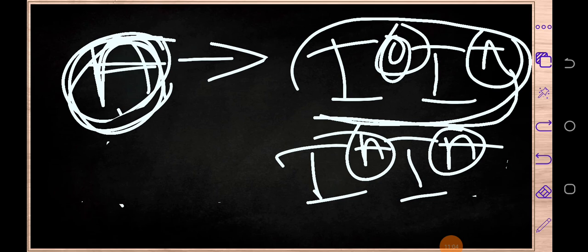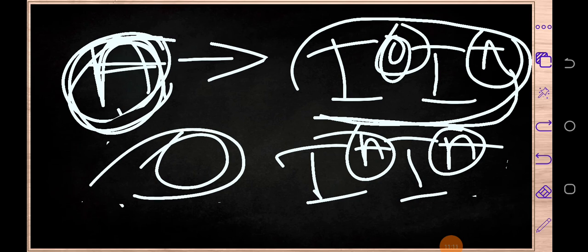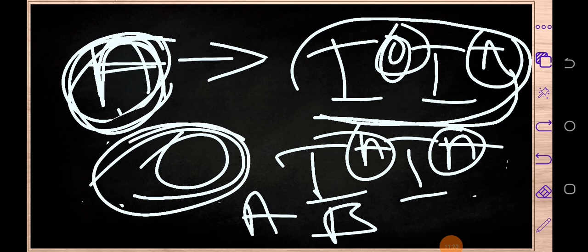The reason is simple. When you're talking about blood groups, what you need to understand is that blood group O is recessive to blood group A and B, which means this blood group has no power. If it is found where A is or where B is, then this O is going to be suppressed, and for that reason A is going to show up. I'm sure you're getting the point.